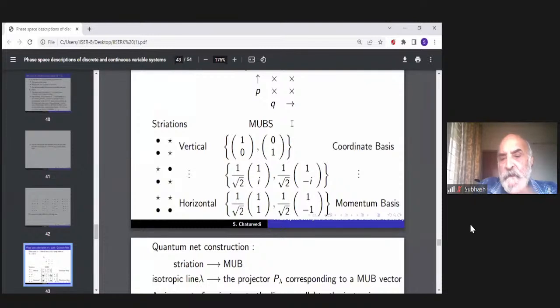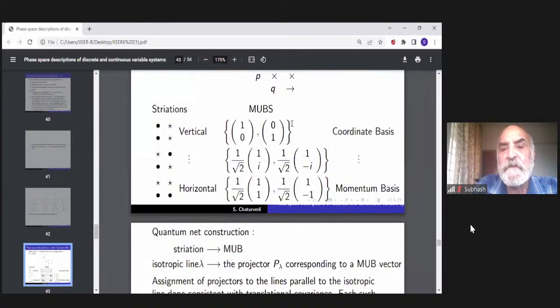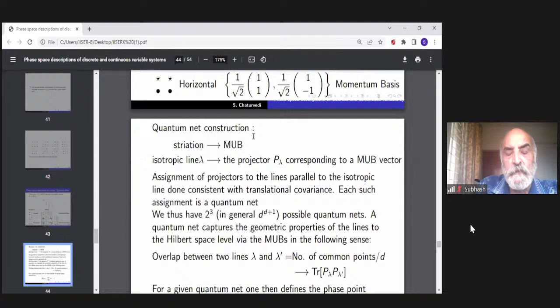And then, of course, there are many possibilities in the way you make the association of the mutually unbiased bases with the striations and assign projectors to the isotropic line in that striation, and so on. So in summary, to each striation you associate a mutually unbiased basis.